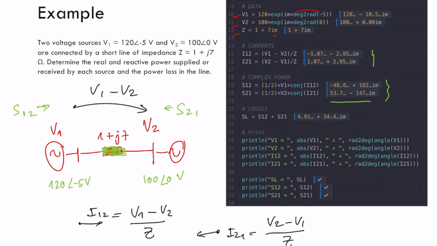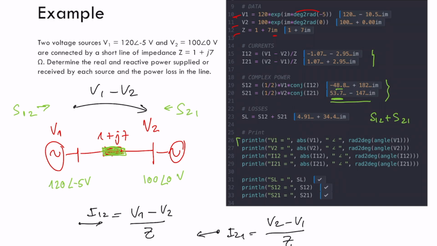I will give you the detail, but you can see here one is positive, one is negative. And the losses at the end are a balance, right? So I say, well, the summation of S12 plus S21, this will be the losses, whatever that is.